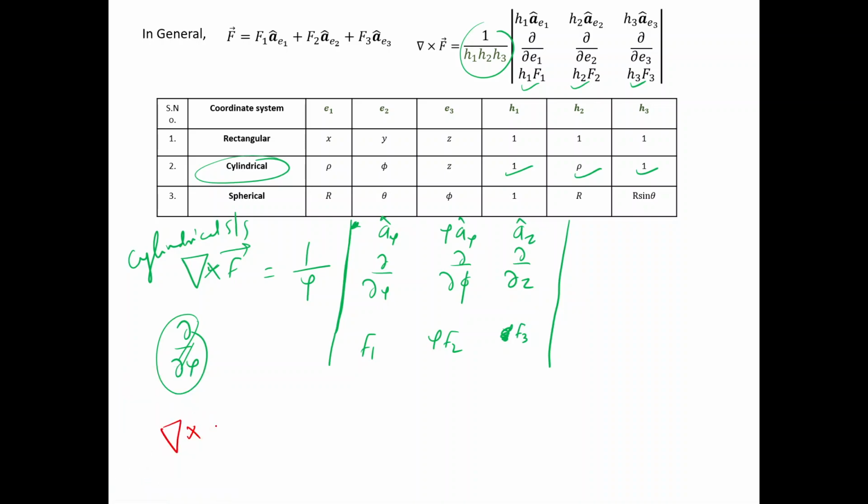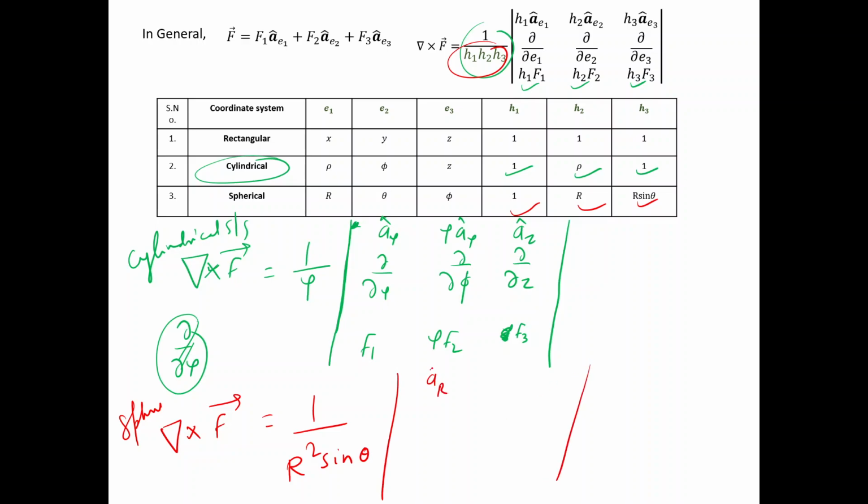You can do the same for the spherical. Then this is 1 by h1 h2 h3, which will be 1 upon r square sin theta, and its determinant will be a r, a theta, a phi. This will be r, this will be r sin theta.